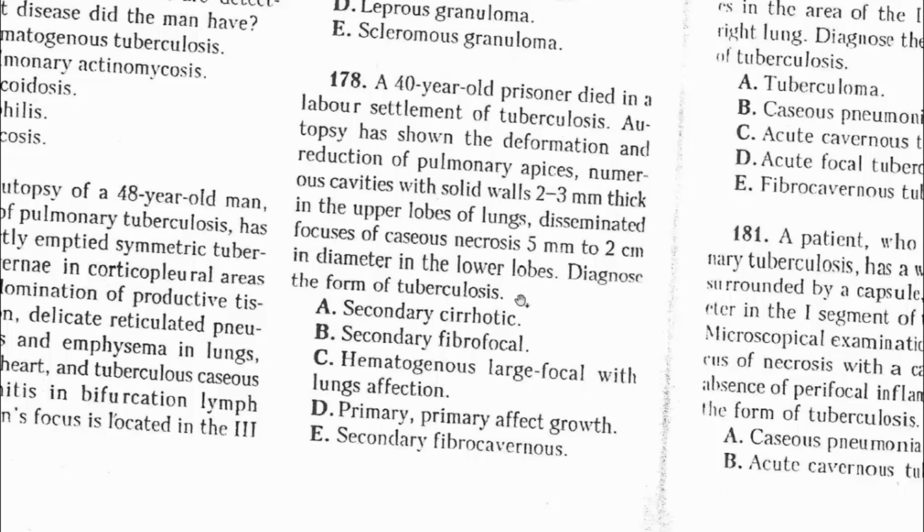The presence of the cavities makes it easier to diagnose this as a cavitary secondary tuberculosis, and hence in this case our answer should be secondary fibrocavernous. Your answer is E.